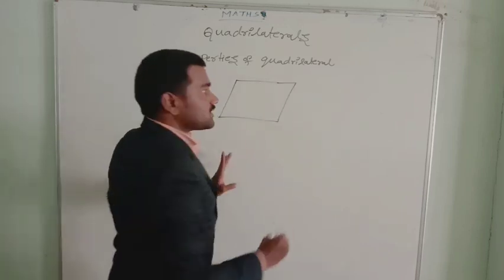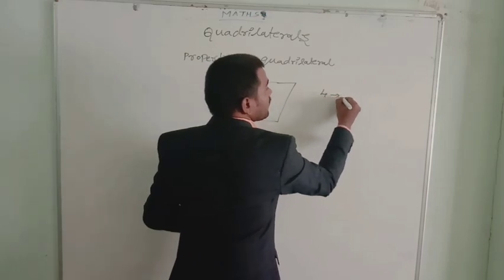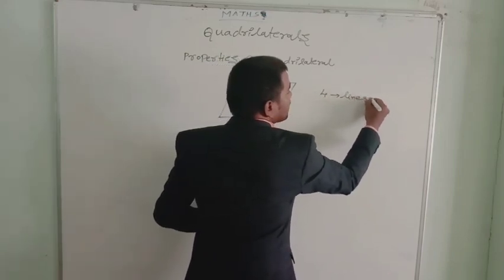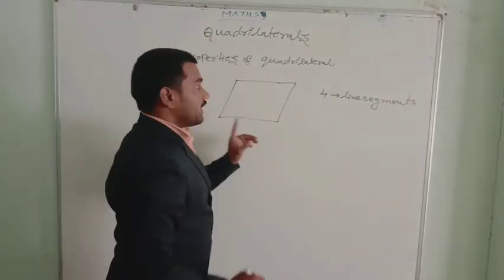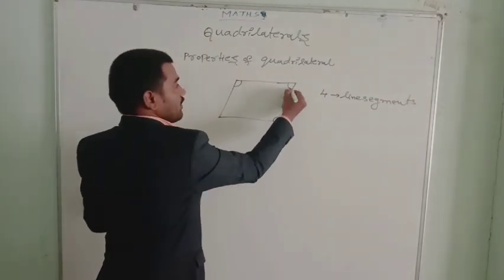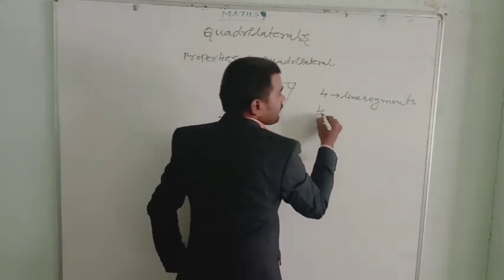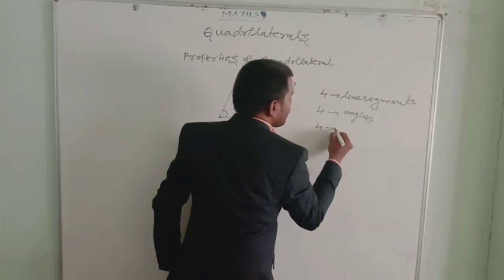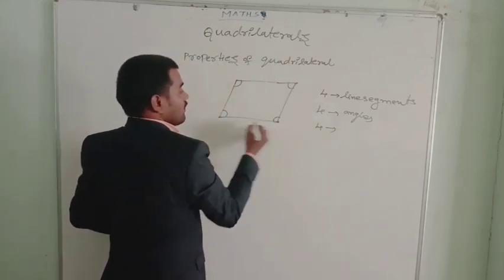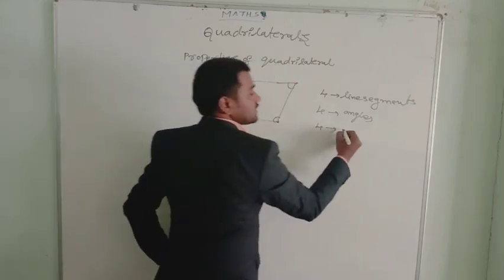How many line segments does it have? 4 line segments. And it has 4 angles. And 4 vertices.